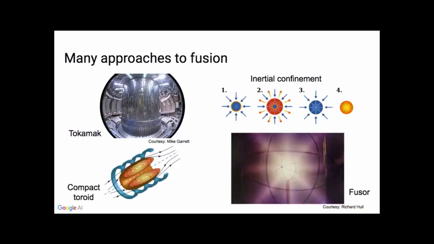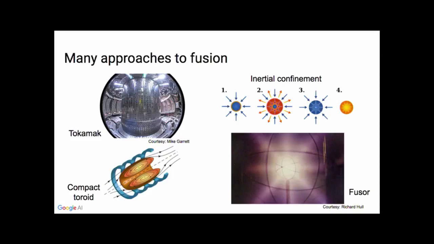Now, there are many approaches to fusion. We're working on one of them, but just to review them briefly, there are tokamaks. These have to do with the shape of the plasma. That's the common one used, for example, in the European ITER project. Other people are thinking about inertial confinement, where they take a little pellet of deuterium, shoot laser beams at it, and compress it until you get to fusion conditions.